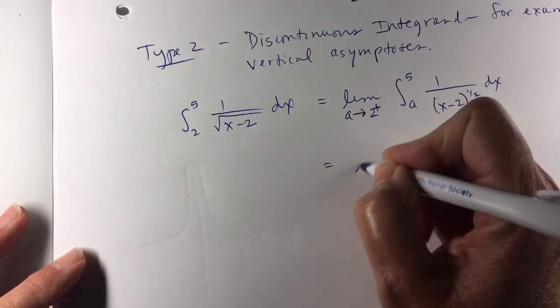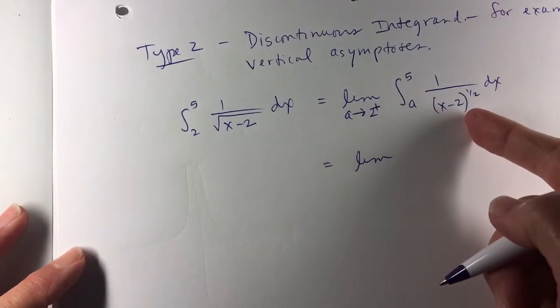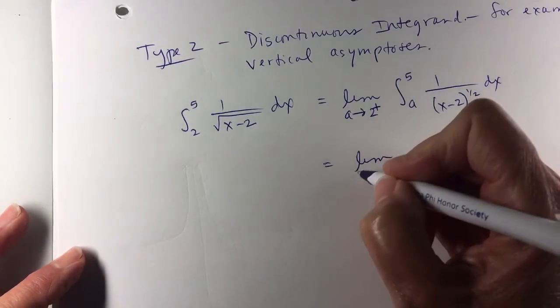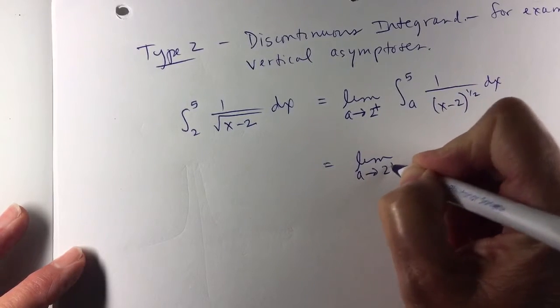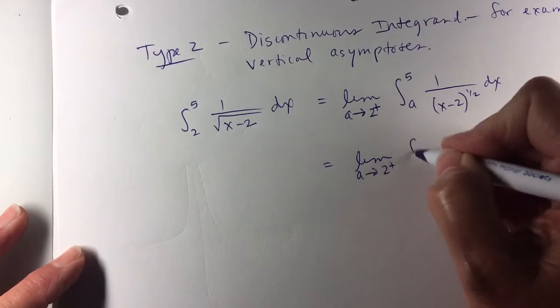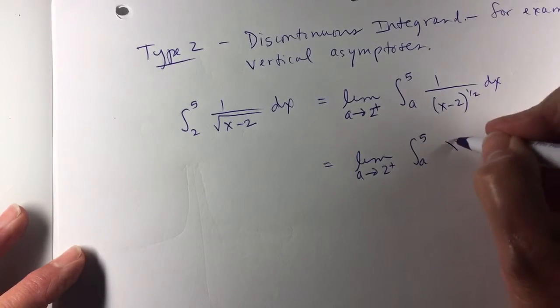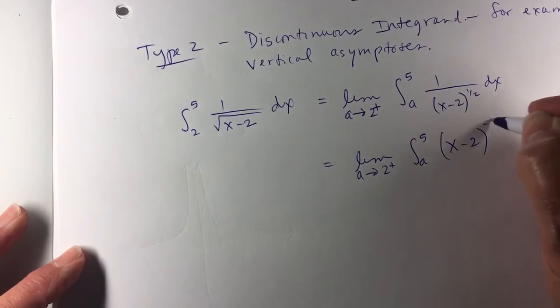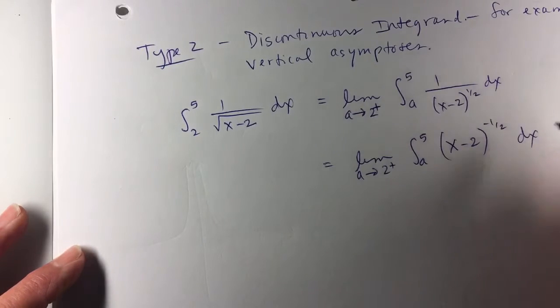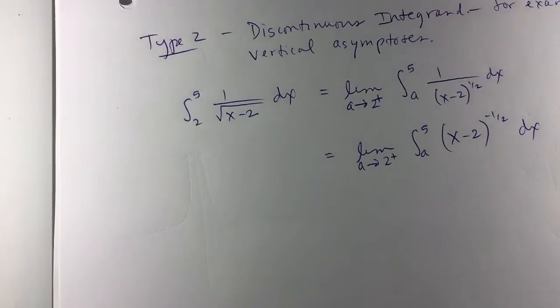So I'm going to write x minus 2 to the 1/2 as x minus 2 to the negative 1/2. Since it's in the denominator, I will move it up and write the negative exponent. This integration is a U substitution.